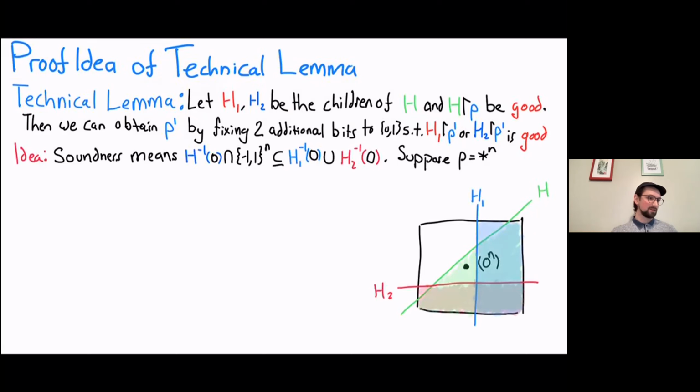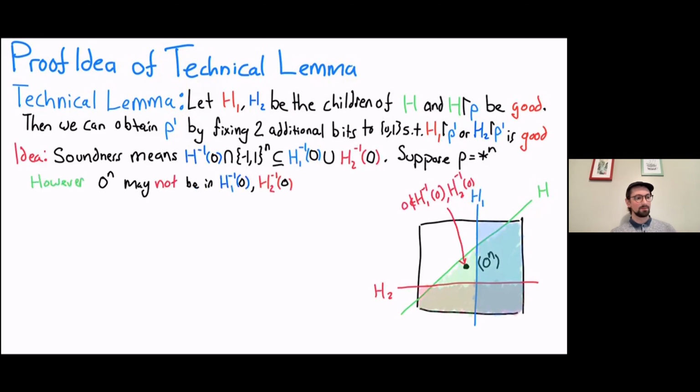Okay, so one thing we're going to use is that soundness means that every integer point which falsifies H is going to falsify one of the two children. Integer now means over plus minus 1. But this doesn't mean that fractional points, and 0 is considered a fractional point in this world, behave the same.